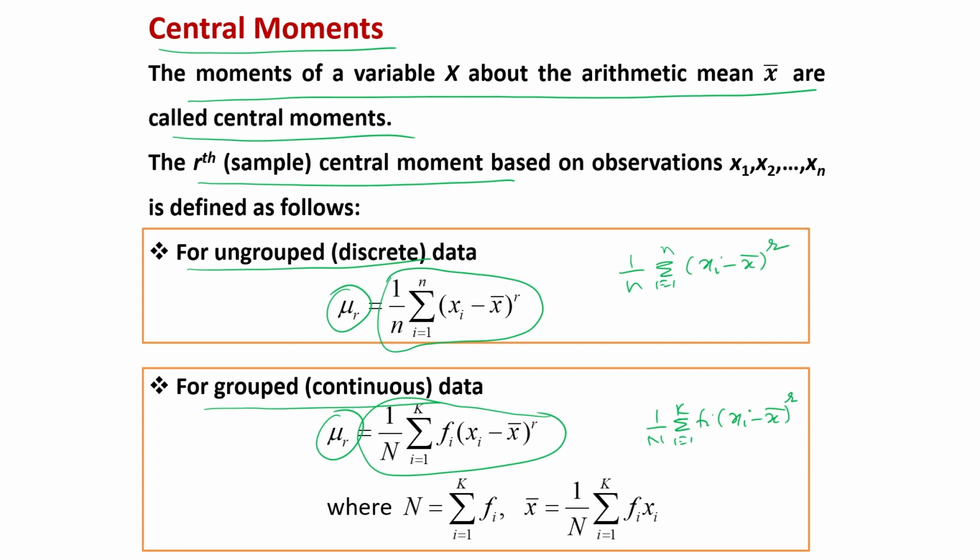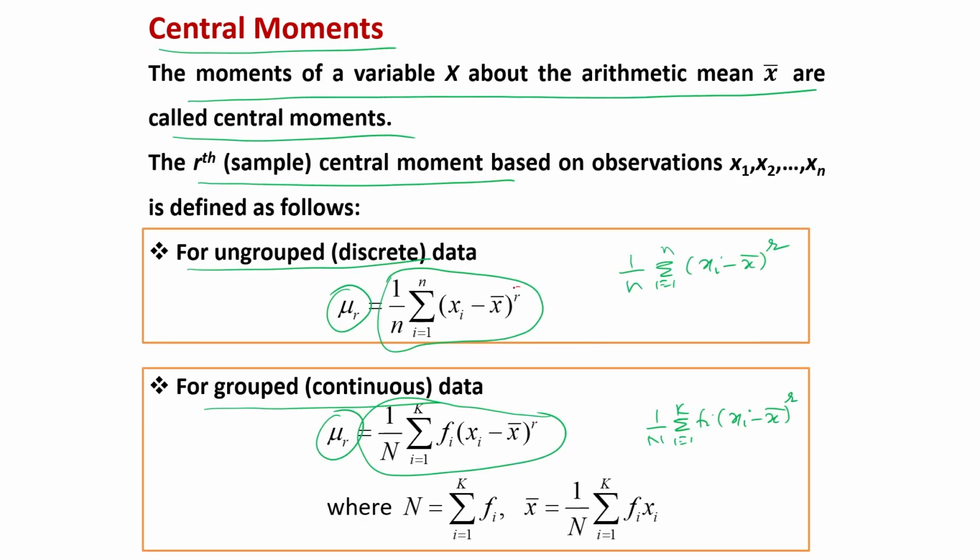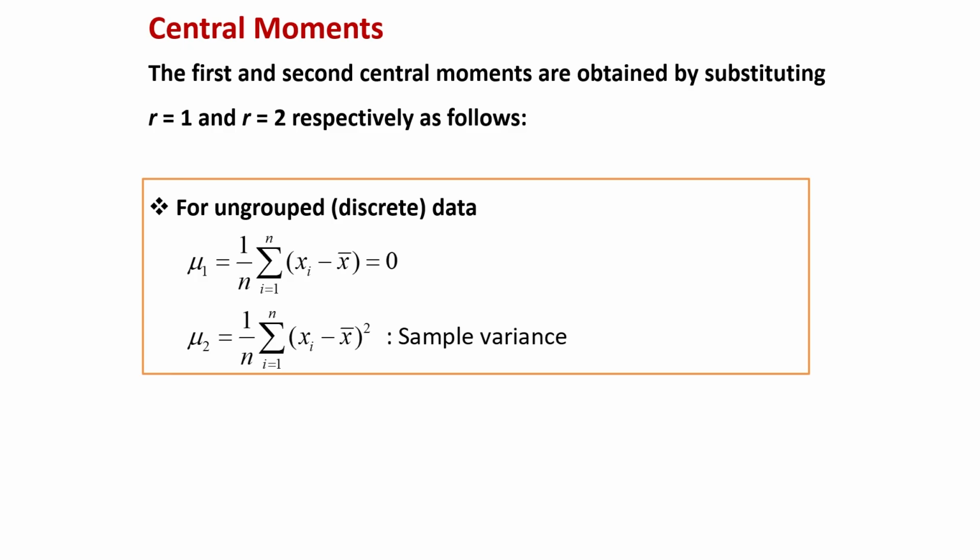And now you can see here what they are trying to give, as we have considered the case of r equal to 1 and r equal to 2, what happens to these central moments. So, when I try to substitute r equal to 1 and 2, you see what will happen here. In the case when I substitute r equal to 1, this becomes 1 upon n summation xi minus x bar, which if you try to solve will become 1 upon n summation i goes from 1 to n xi minus 1 upon n into n times x bar.